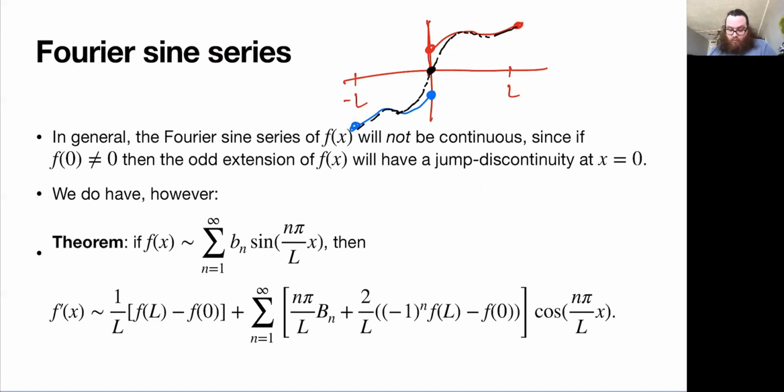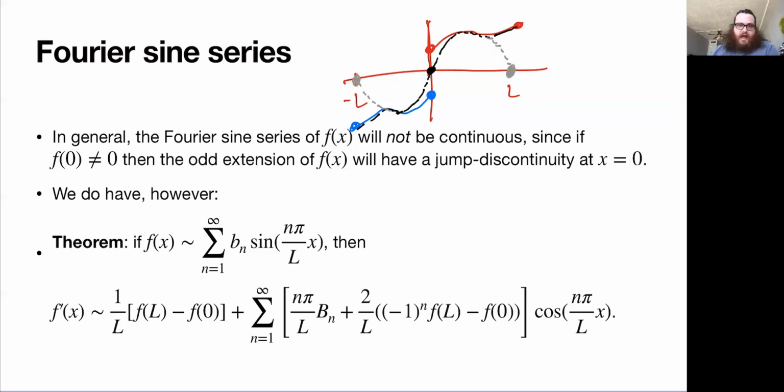So you could say, well, actually, if the function was 0 right here as well, and so 0 right here as well, okay, well, now the function is 0 there, continuous over here. So if we take its odd extension, it's going to be continuous over here. This value is going to match up with that value. And so then the Fourier sine series will be continuous.